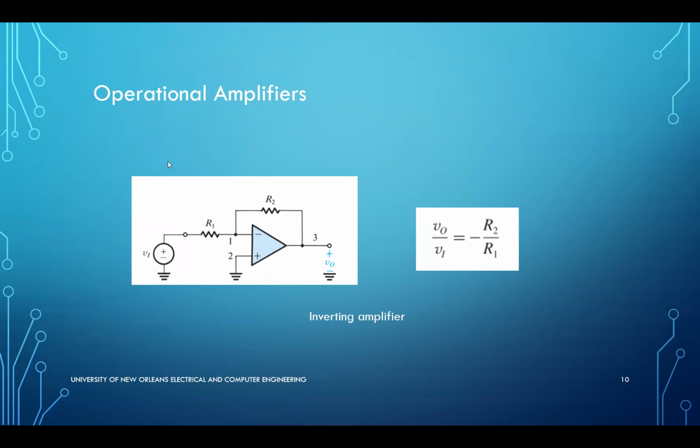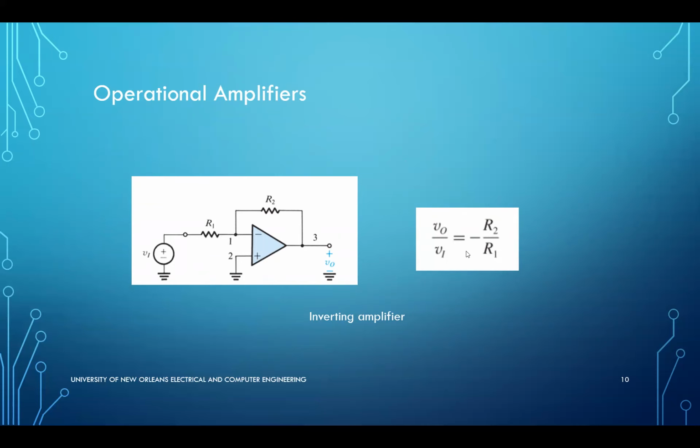So anyhow, when we hook up an operational amplifier this way, with a resistance in the feedback mode, because it goes from output to the negative input terminal, and another resistance going into the negative terminal, with the second terminal, the positive terminal, grounded, it becomes an amplifier.